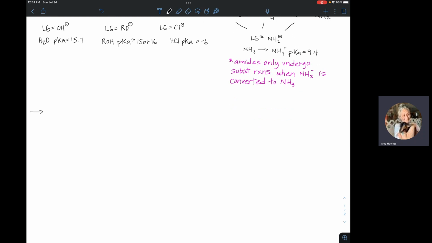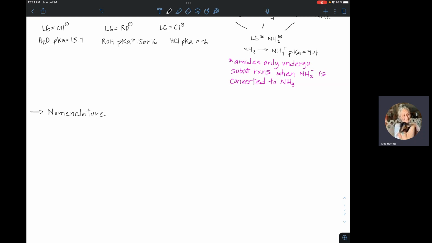Nomenclature for these. I'm going to start with carboxylic acids because we have a common naming system for any carboxylic acid with 6 carbons or less.